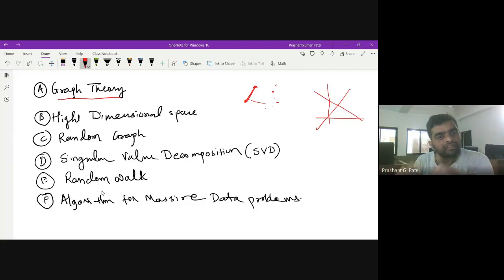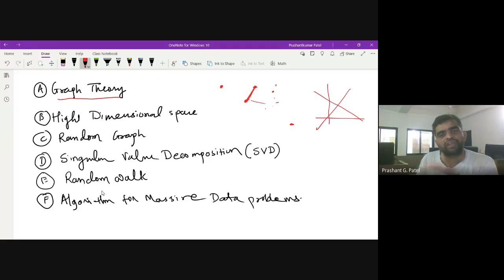Then it is interesting to find how to open some web page through another web page. If I am on this web page, how many clicks do I need to open another web page, which is here?